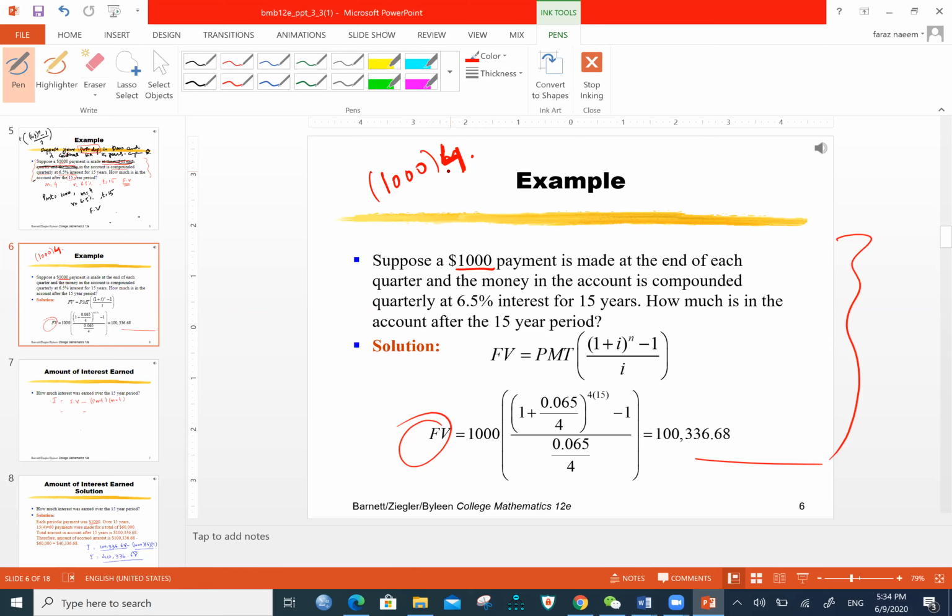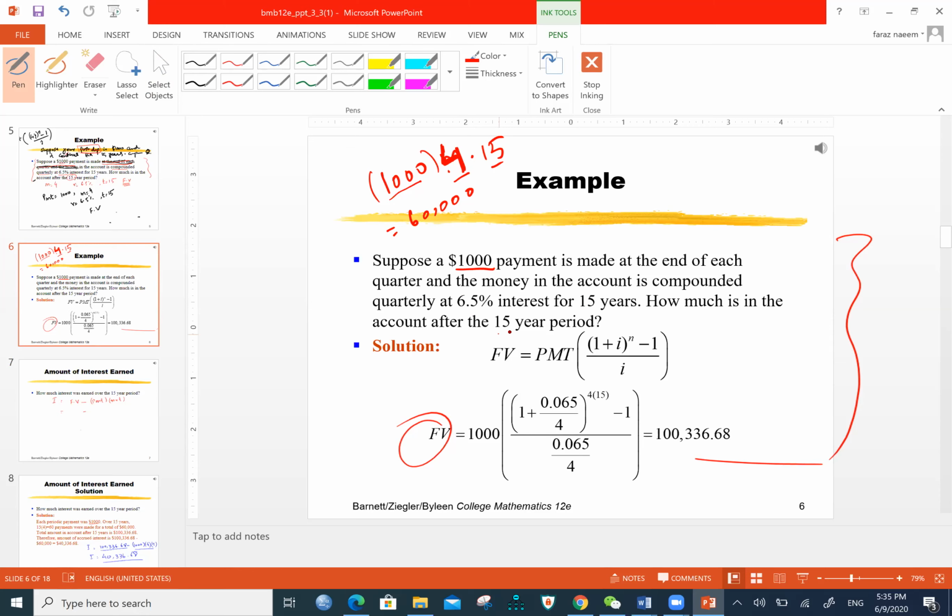After every quarter means 4 times per year, and we deposit for 15 years. So we deposited $60,000 in 15 years. That is 100% our own amount which we deposited.